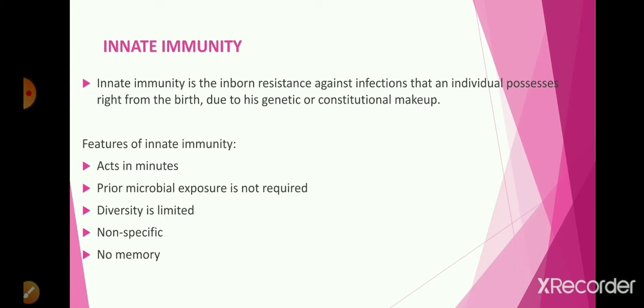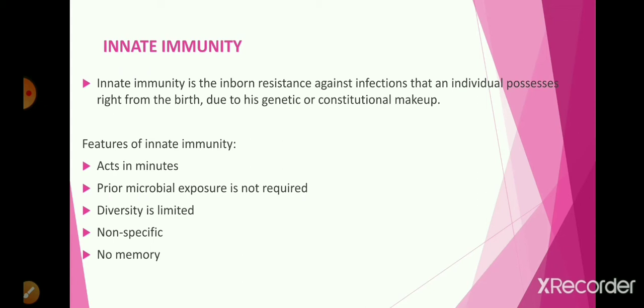Basically, talking about memory, the innate immune system does not have memory. Memory is absent in the innate immune system. We know that the adaptive immune system has memory for the recognition of microorganisms which have caused infection in the past, so that it can recognize them and form antibodies against that pathogen.